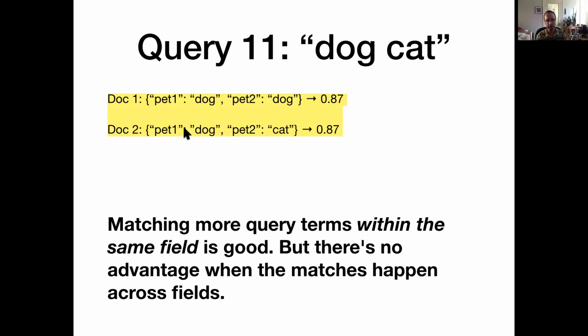It's going to get the same score each time we evaluate it. So the end result is that document 2 really doesn't have any advantage in this situation where we're searching across fields. I do want to point out that we're using the multi-match operator in Elasticsearch with a type of most fields.